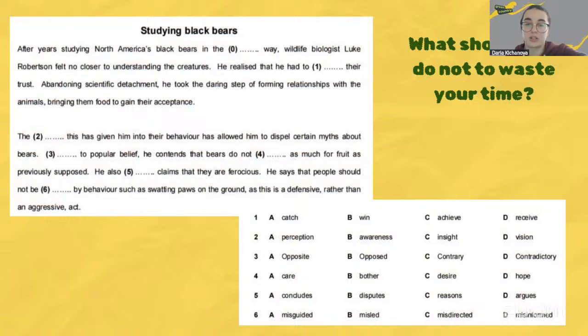When you start looking at the examples, you need to choose one and go on. If you don't remember all of these words, for example, you don't know, do we catch trust or do we win trust? You just need to choose one and go to the next question. So this will be your part of the text where you don't want to waste a lot of time. When you don't know the question, try to skip it and then return to it when you, for example, finish this task.